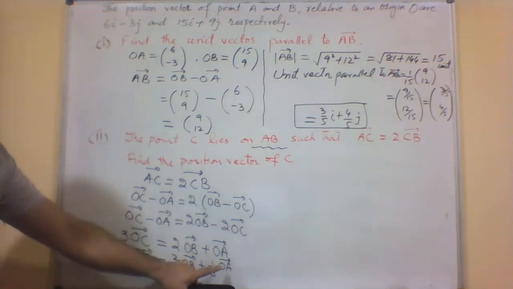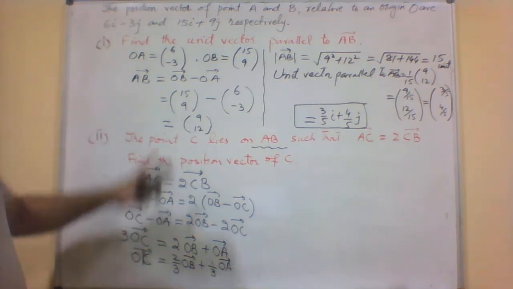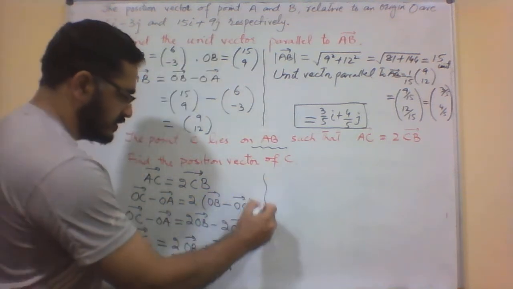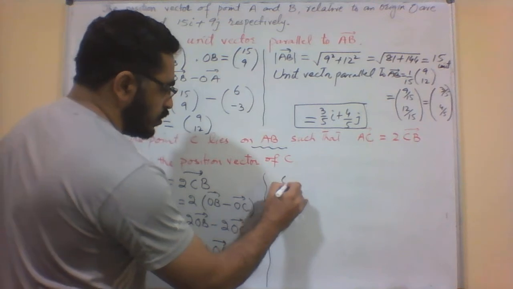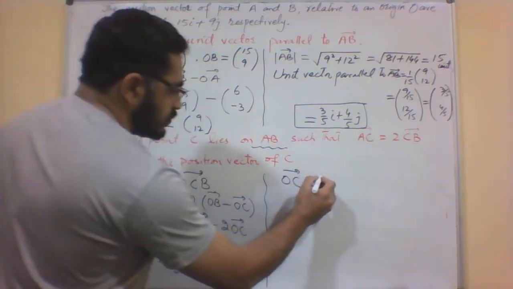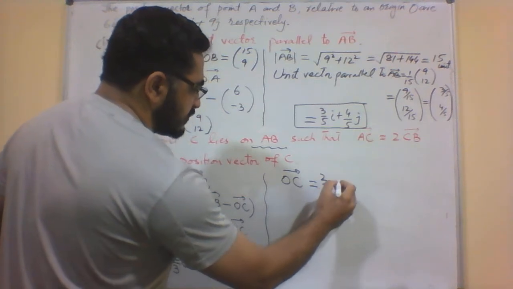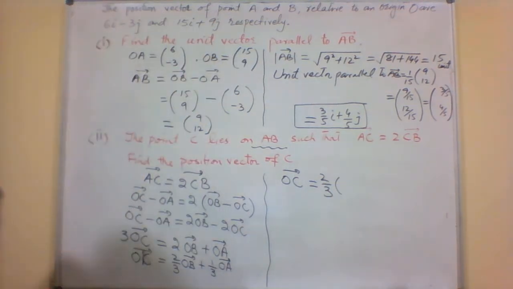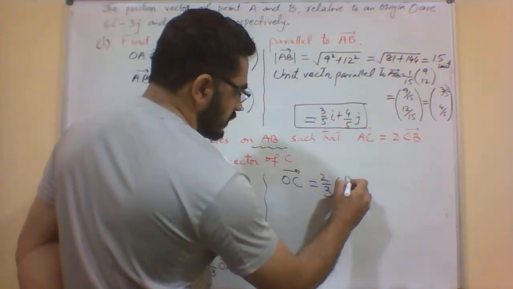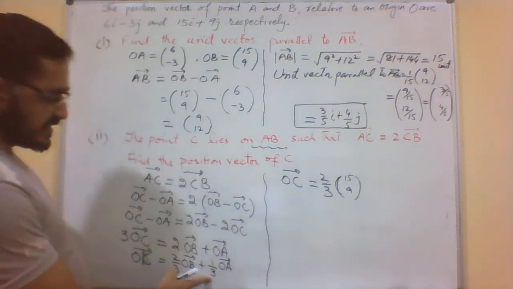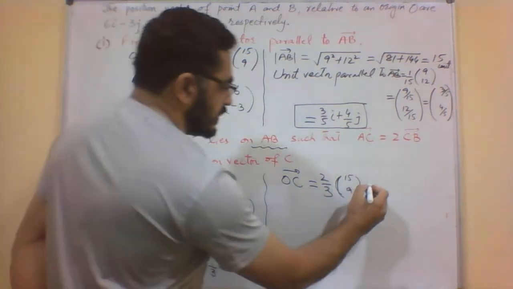Both vectors OB and OA are given in the question. So OC is 2 by 3 times OB, which is 15, 9.